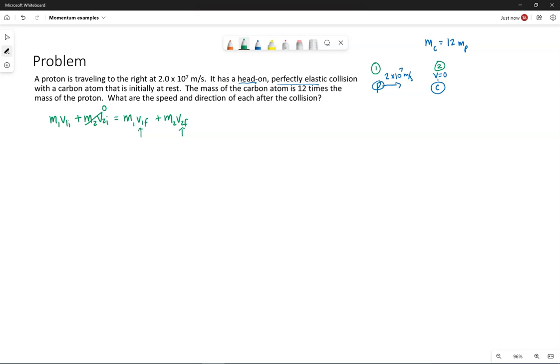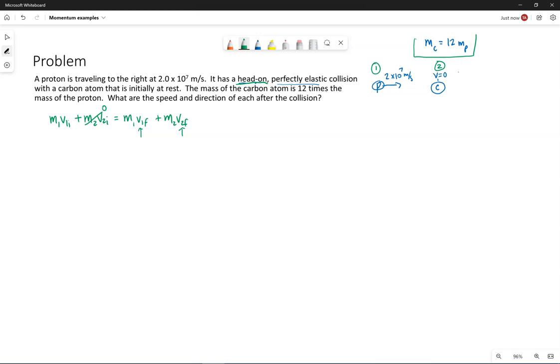Technically we have 3 unknowns because of the mass, but with this relationship between the mass of the carbon atom and the mass of the proton, the mass part will simplify down nicely. A couple of things here. A head-on collision means it's all along the same line.